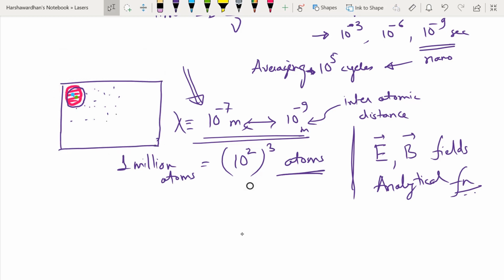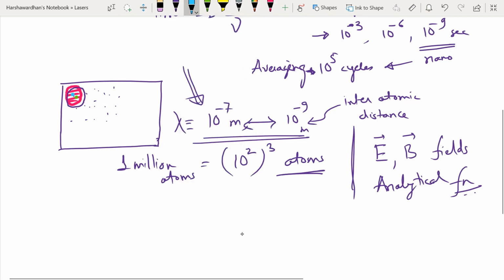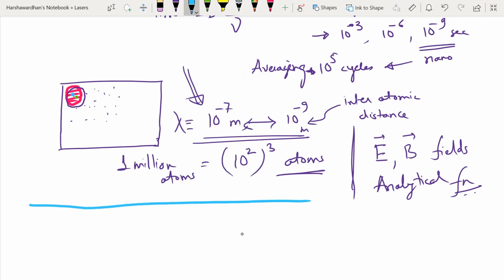Now that we agree on this, let us write down Maxwell's equations. Before I get to Maxwell's equations, I want to indicate a few things. I want to make sure that we know the two integral theorems. I want to write down Maxwell's equations both in the integral form, which is what you would have learned in school, and physically interpret it, and I also want to write it in the differential form.